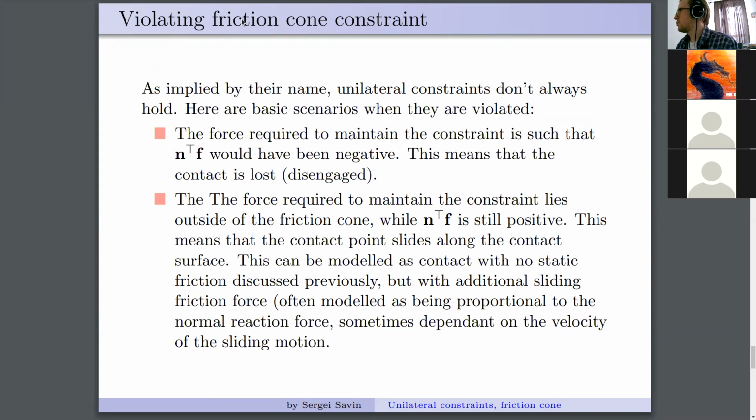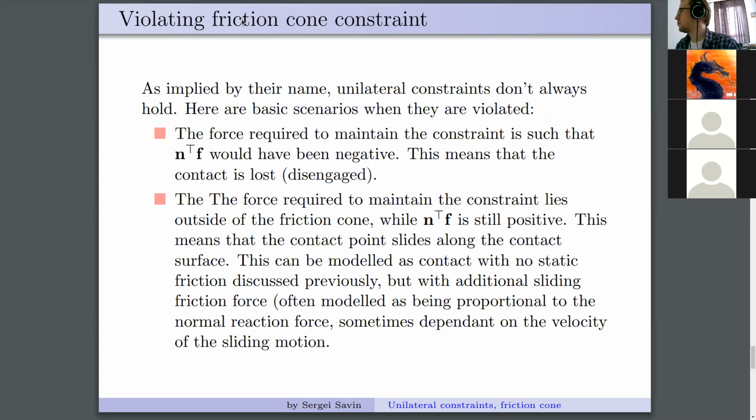As long as n transpose F becomes negative, that means the contact is disengaged. You left the contact point. It's not going to pull on you. The contact just disappeared, so every other aspect of the contact, friction force, etc., is going to disappear as well.